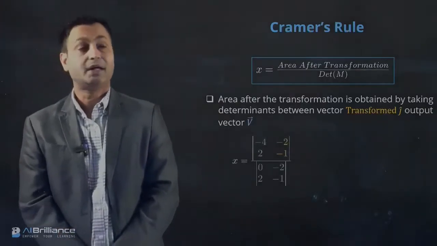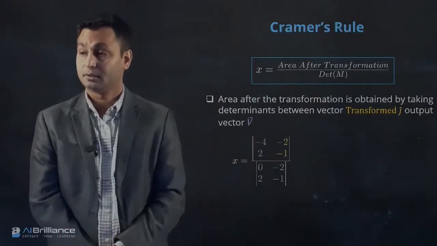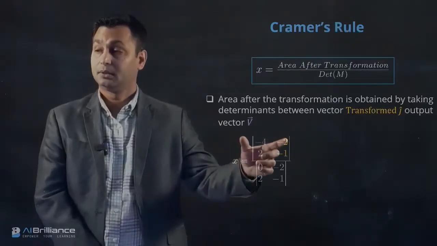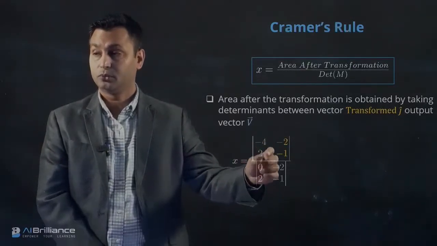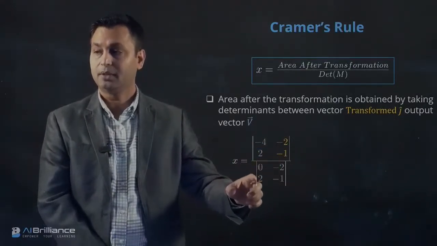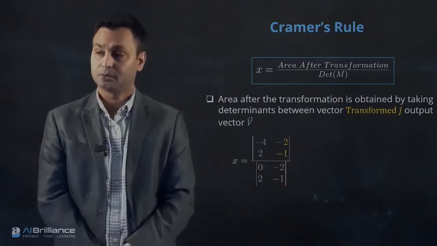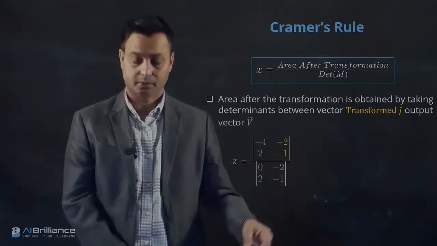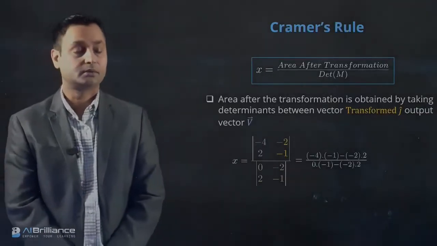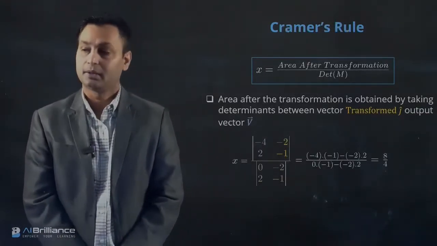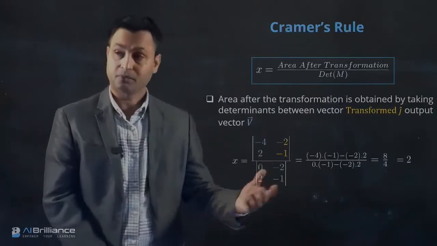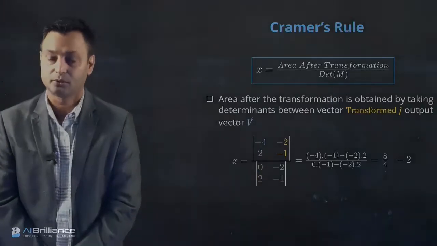So we can write x as the determinant of (-4, 2, -2, 2, 1) divided by the determinant of the transformation matrix, which is (0, 2, -2, -1). From there, we can simplify and solve, and x will also come out to be 2. So in this case, x and y both are equal to 2.